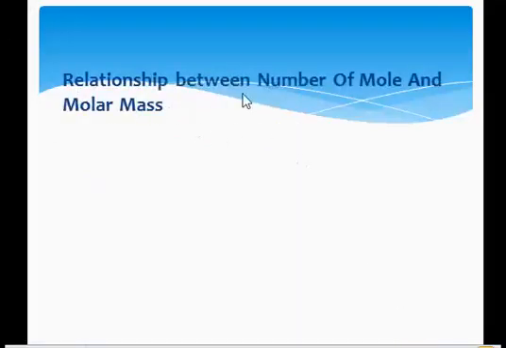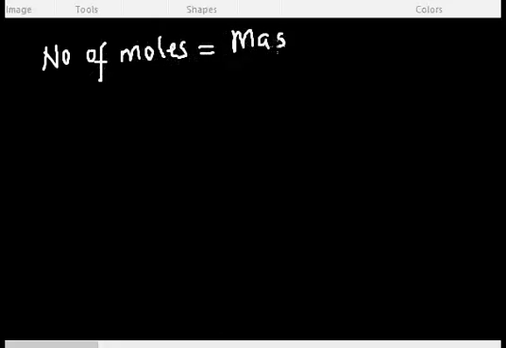Now let's look at the relationship between number of moles and the molar mass. If you want to get the number of moles of a substance, its relationship with molar mass is that number of moles is always given as the mass of that substance divided by the molar mass.